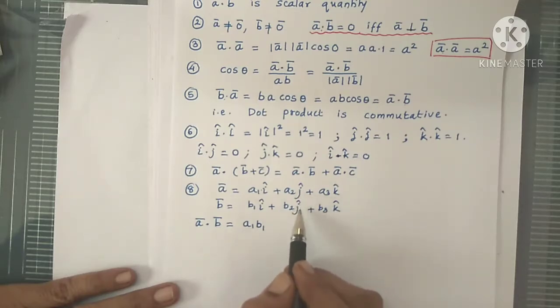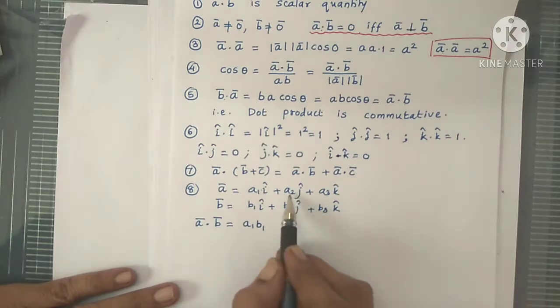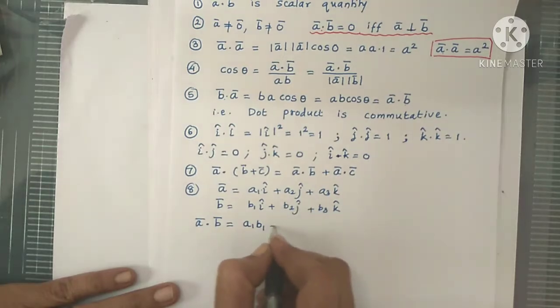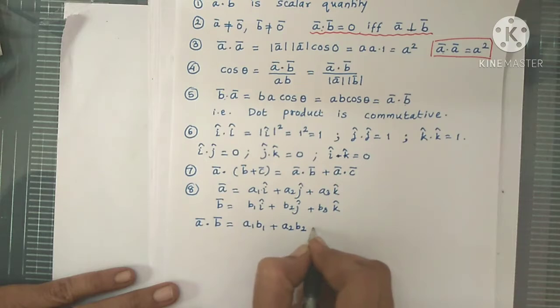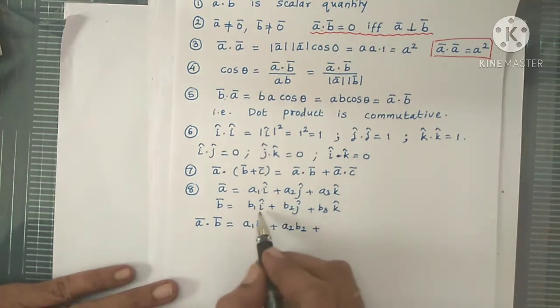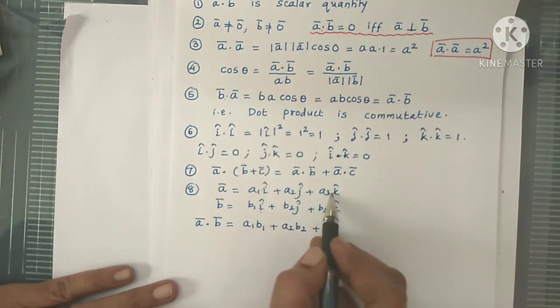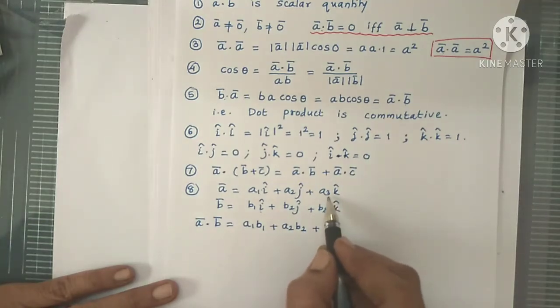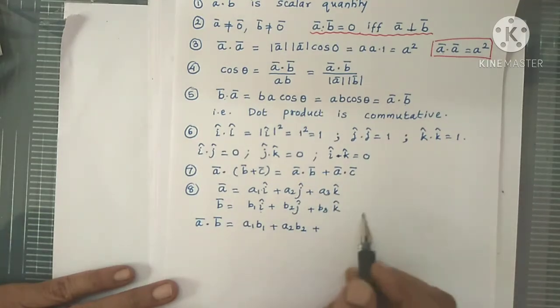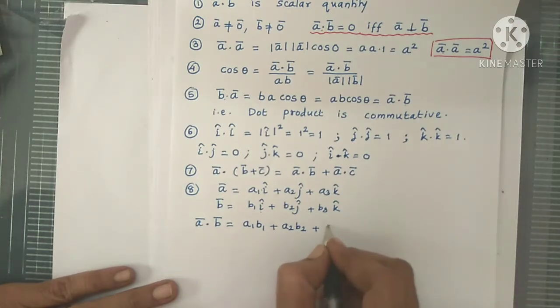So in the second one only we will have j dot j, so that is a2 b2. Similarly for the third one, whenever we take the dot product of a3 k with the first and second terms, we get k dot i and k dot j which are 0, and in the third one we will have a3 b3 k dot k, k dot k is 1, so that's why it is a3 b3.